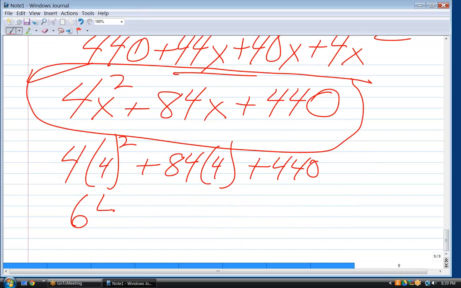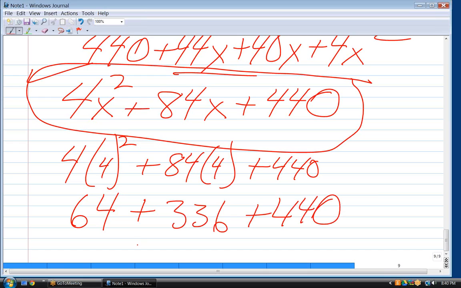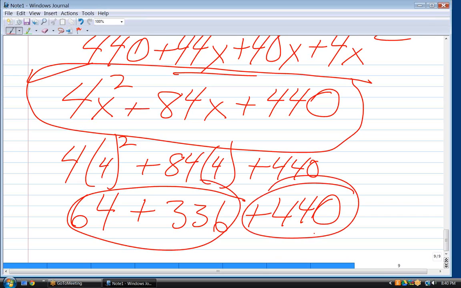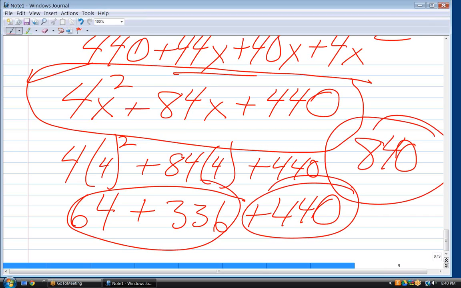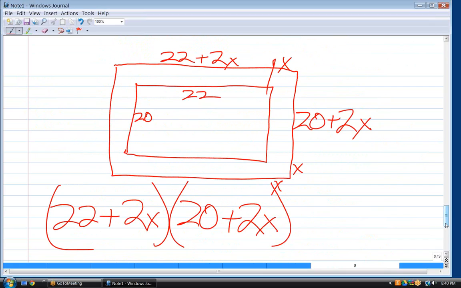That's 64 plus 336 plus 440. What is that? That's 400, and that's 440, so 840 is the area of the outside rectangle.